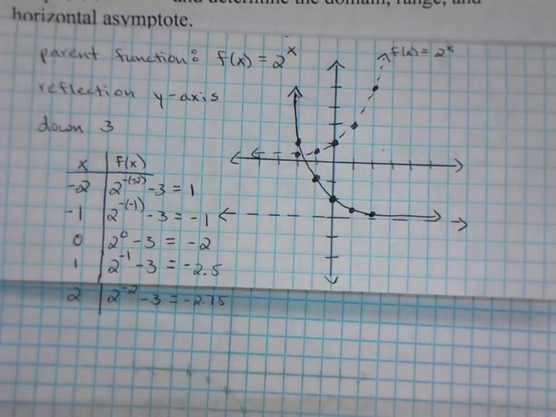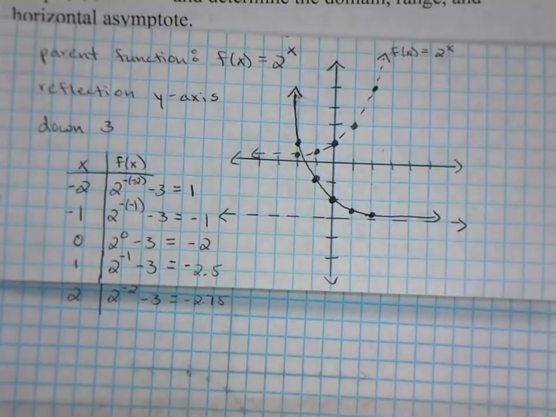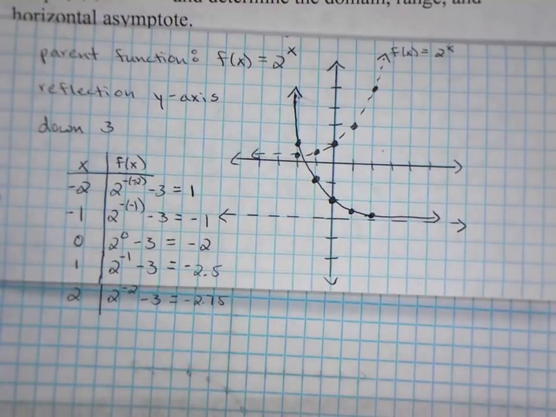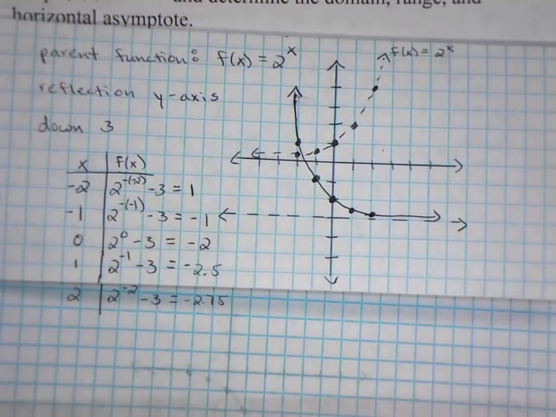A negative out in front of the 2, if there was a parenthesis maybe and then a negative in front of that, that would be over the x-axis. But I'm not sure if you'll see a whole lot of those. Just remember that your exponent applies directly to the base and not to whatever's in front of it unless it's in a parenthesis.